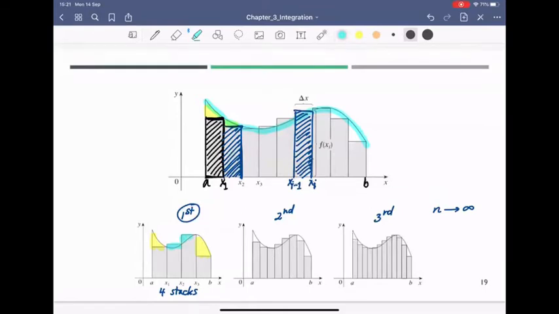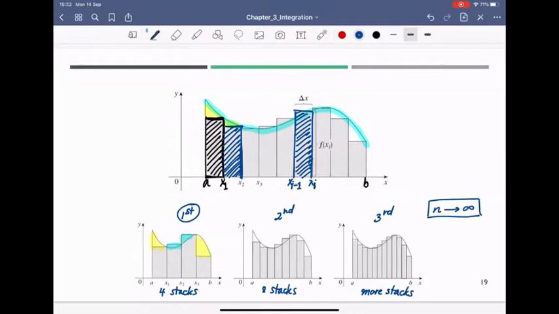After I use 8 stacks, with n getting bigger, you can see clearly that the approximation is better. If I keep going with more stacks, it keeps getting better. At the end, when n goes to infinity, your stack is just a vertical line, and that is the area. This is the idea of how we define the definite integral, and this is called the Riemann integral.